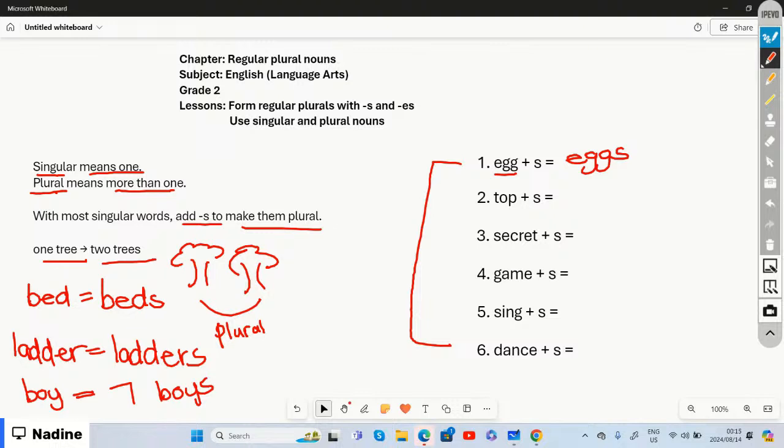All right, one top, if we add an S, then it is tops.